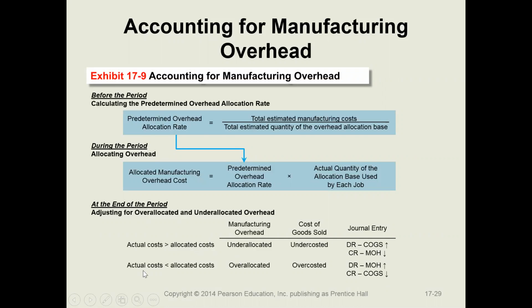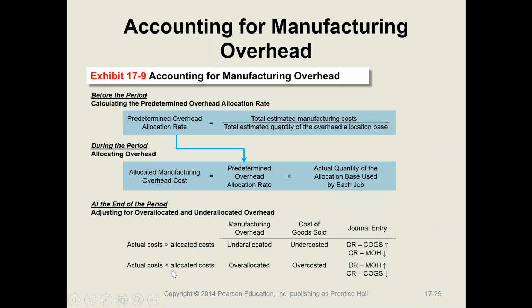If the actual costs were less than what we charged, that means we overcharged the jobs. So we increase our profits by that amount, because we can't go back and tell the customer, oh, you know what? In the first case here, oh, you know what? We undercharged you, so can you give us the difference now? You can't do that after the fact. So it just basically you eat it. You reduce your profit.